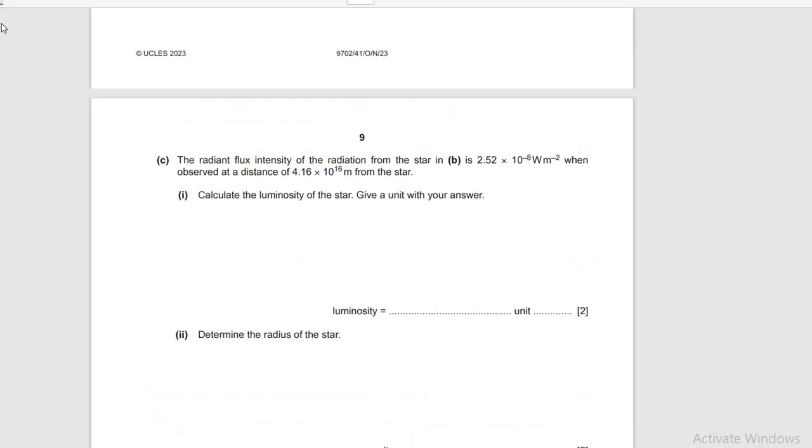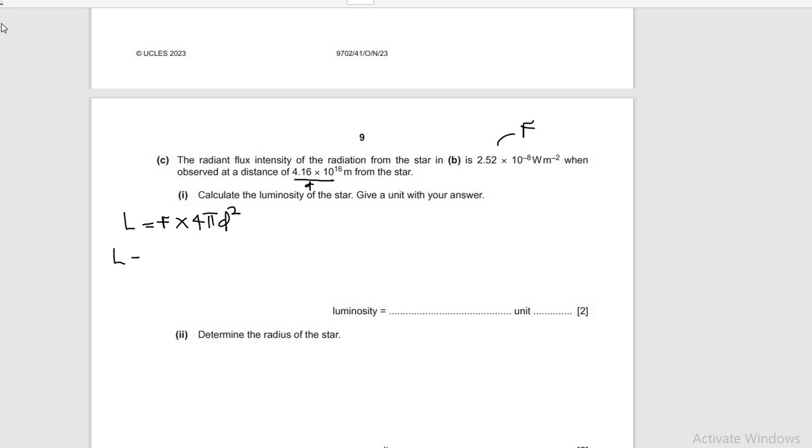Next question: radiant flux, the intensity of radiation from the star, is given as F when the observed distance is D. Calculate the luminosity of the star. The formula for luminosity is radiant flux multiplied by 4 pi d squared.